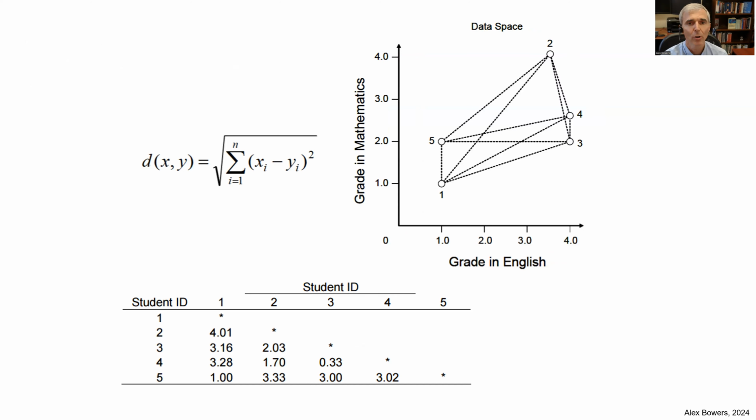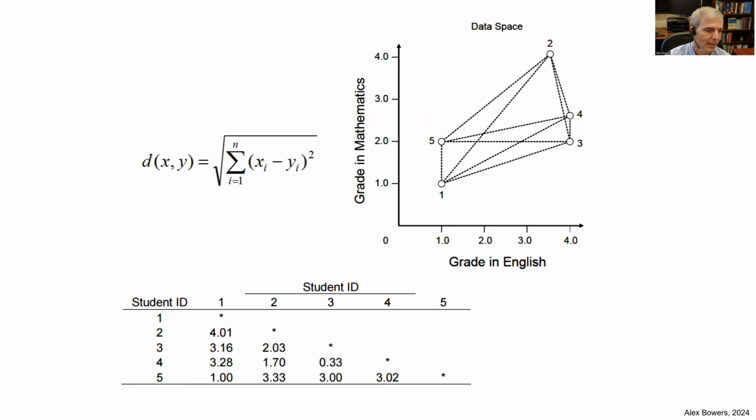The first thing we're going to do is calculate the Euclidean distance, the hypotenuse of the triangles in the metric of the data space. Here again, we've got grades data, so they go from 0 to 4 in both dimensions, and we're calculating the distances between every single point. This is the Euclidean distance.